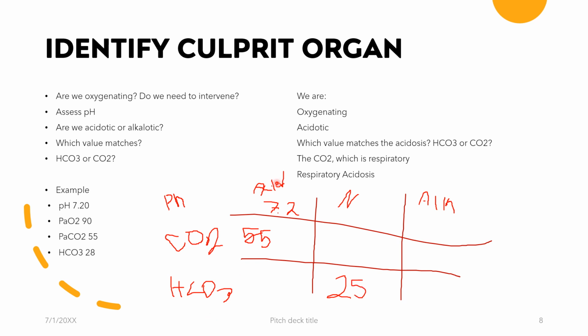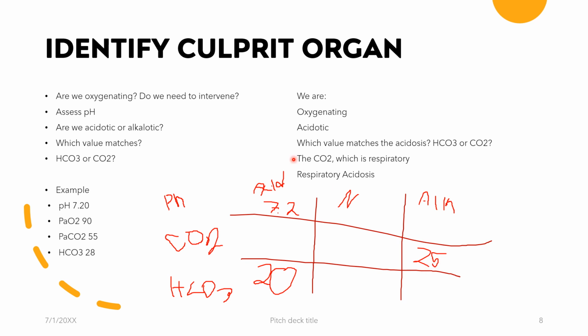So see how these are in the same row? That tells us it's a respiratory acidosis. Now, if our bicarb, say, was 20, and our CO2 was 25, that's going to tell us again we have a metabolic acidosis with some compensation, which we'll talk about here in a second.